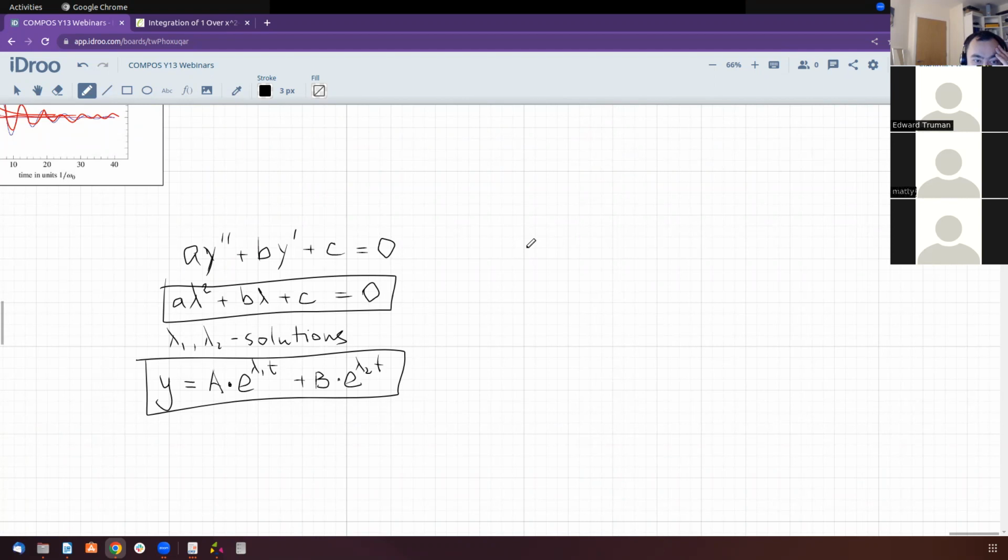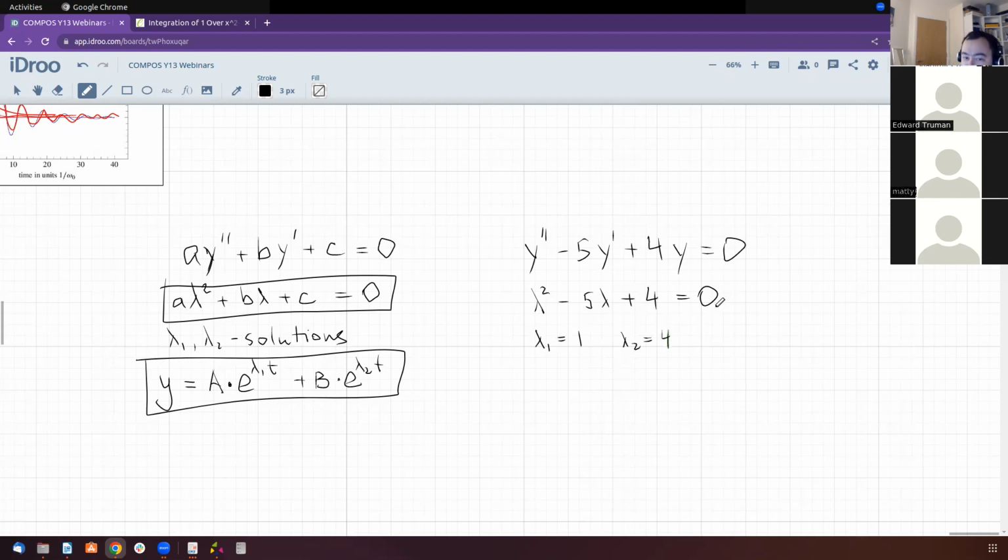Let's say you have y double prime minus 5y prime plus 4y is equal to 0. The corresponding characteristic equation is lambda squared minus 5 lambda plus 4 equals 0. So lambda 1 is equal to 1, lambda 2 is equal to 4.